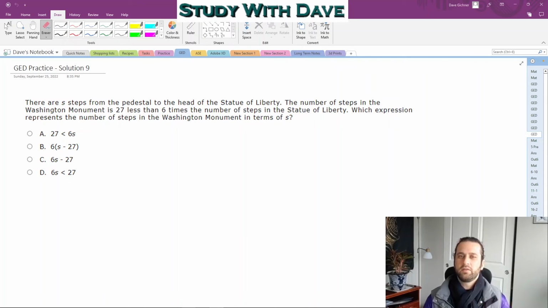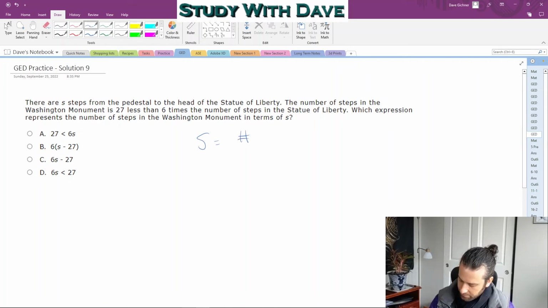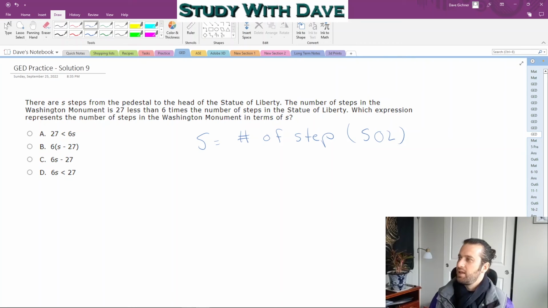So these can be kind of confusing, but you just want to remember to look for the key words. So let's read it. There are S steps from the pedestal to the head of the Statue of Liberty. So we'll just go ahead and say S equals the number of steps in the Statue of Liberty, or SOL. The number of steps in the Washington Monument is equal to 27 less than 6 times the number of steps in the Statue of Liberty.